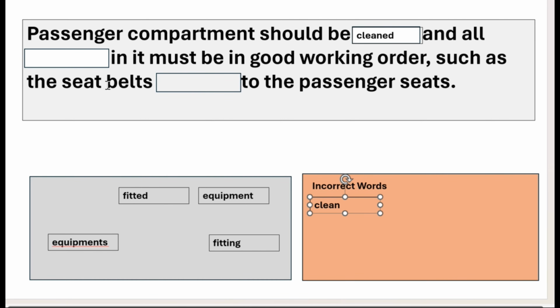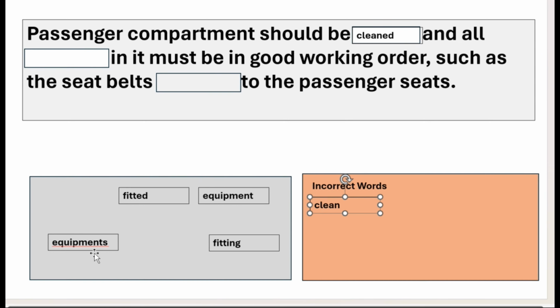And all gap in must be in good working order. All fitted? No. All equipments. So it is equipment or equipments. What is going to be the answer? For your information, trust me, there is nothing called "equipments", because equipment is itself a plural word.